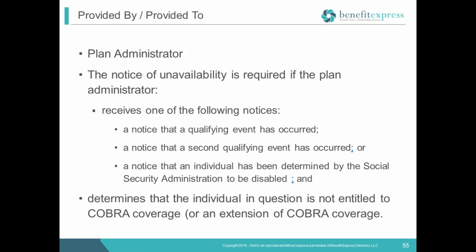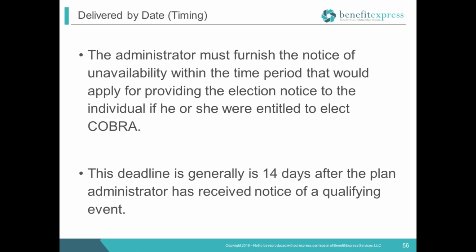For one reason or another, that person, again, and the major issue is a family member drops somebody, doesn't tell them, and they think, oh, I have COBRA because I was covered. And the administrator must furnish a notice of unavailability within the time frame that would apply for providing the election notice, which is 14 days after you've been notified of the qualifying event.